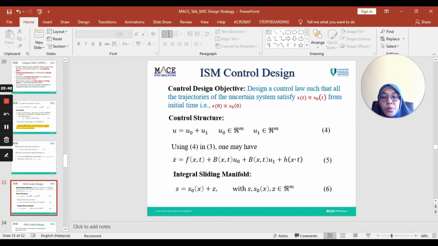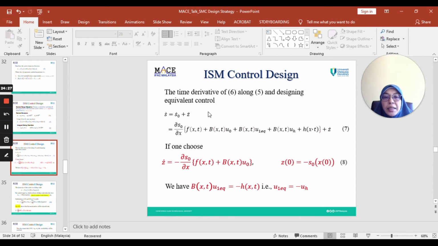Then we use equation 4 and substitute it into equation 3, and we will have this equation. We have two portions, one driven by U naught and the other by U1. After that we define the sliding manifold or sliding surface as S naught plus Z, where S naught can be defined as the conventional SMC sliding surface.